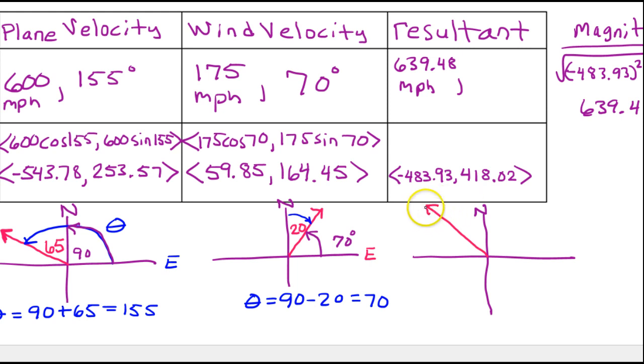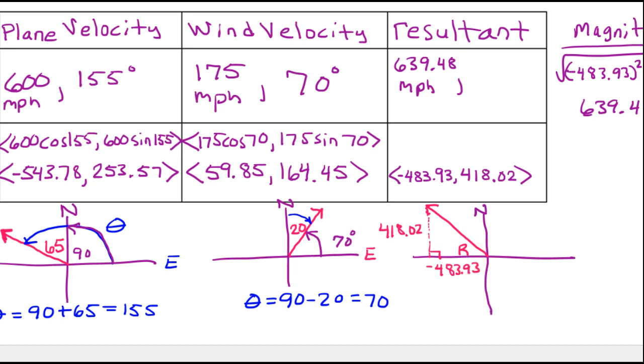Let's make a little triangle out of this, surrounding the reference angle here, which I will call R. Now this is left 483, so that means we have our negative 483.93 horizontally, and up 418.02 is vertical.